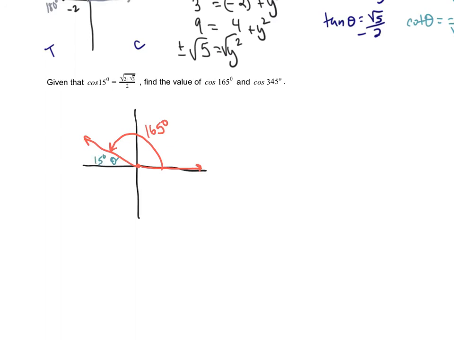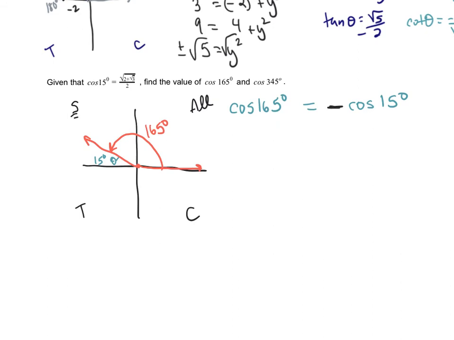So I know the cosine of 165 is the exact same as the cosine of 15, except it might be the opposite sign. So we have to look at the quadrants. Is cosine positive or negative in quadrant 2? Remember, we had all sine, tangent, and cosine. So the only thing positive in quadrant 2 is sine.